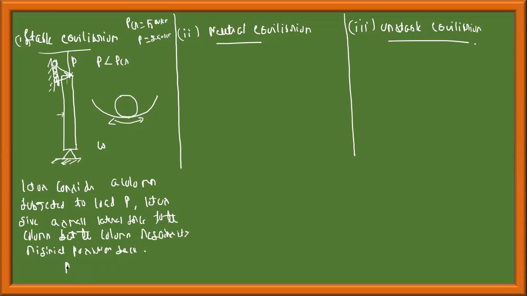This is what happens when the load is less than critical load. Column will not buckle.